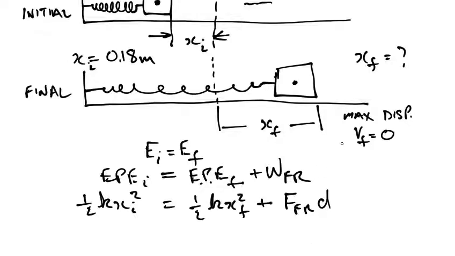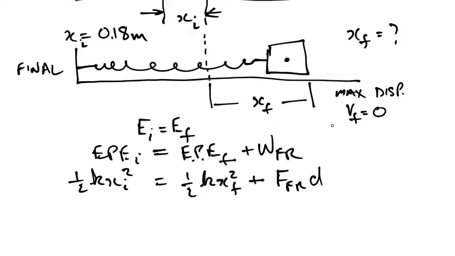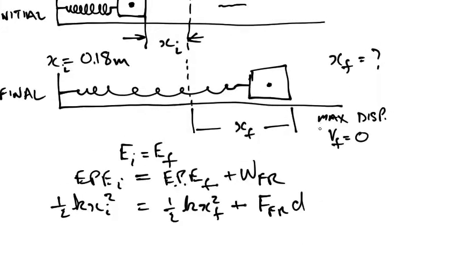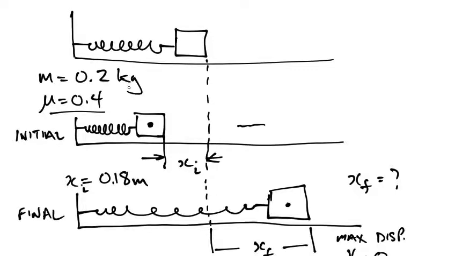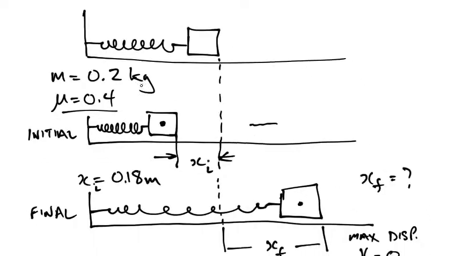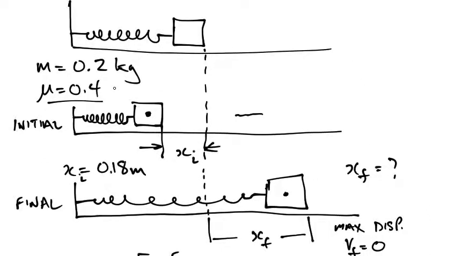So what we need to figure out first of all is what's k? Now, the equation that we can find k from is F equals kx. And in the problem, initially, we were given that, we didn't actually write that down.